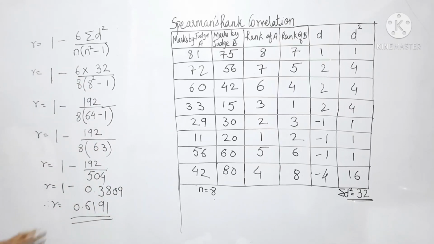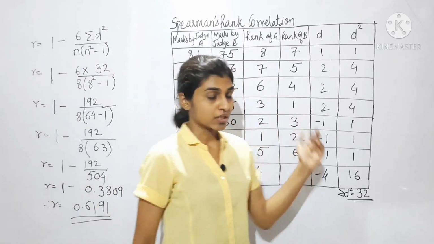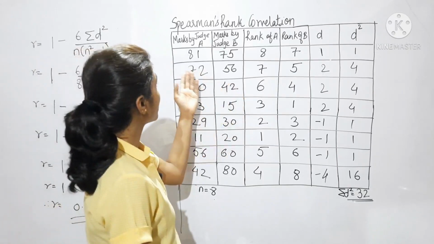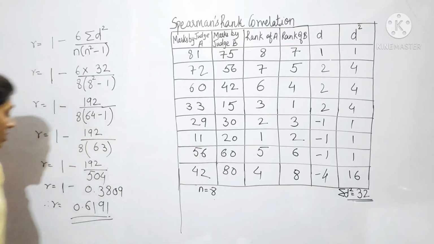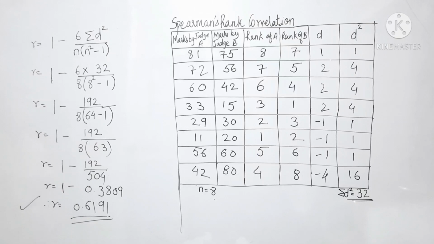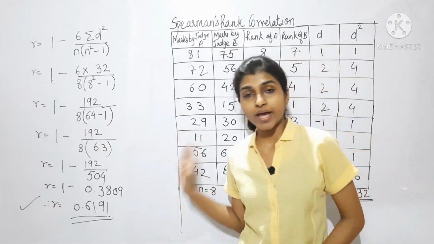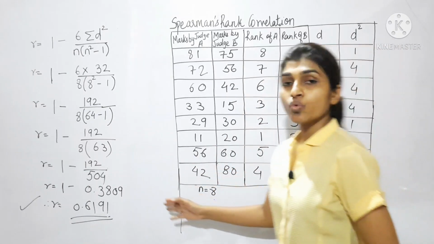So this is the correlation between the two variables. The correlation between the two variables is 0.6191. It is positive, so it is a positive correlation between the marks given by judge A and the marks by judge B. So in this way you have to calculate the rank correlation between two variables.